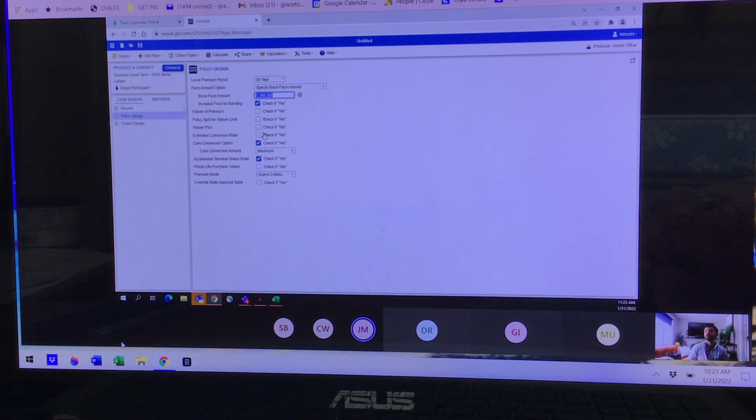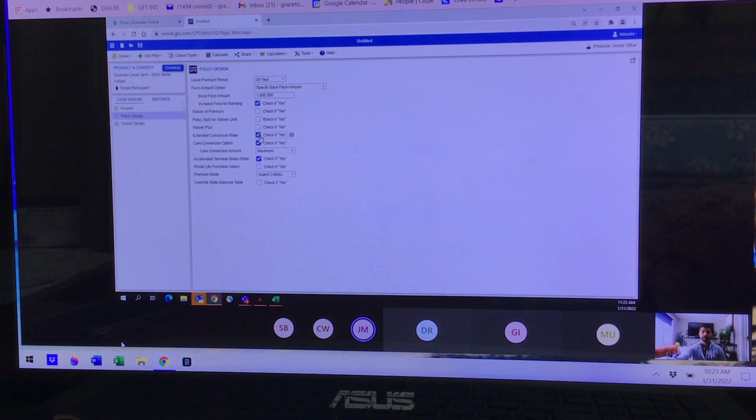So on its own, 5 years conversion. I'd be able to convert any to all of this $1 million to a whole life contract and add the long-term care rider on it without any underwriting. If I have the extended conversion rider checked, then that 5 years is increased to 10 years.